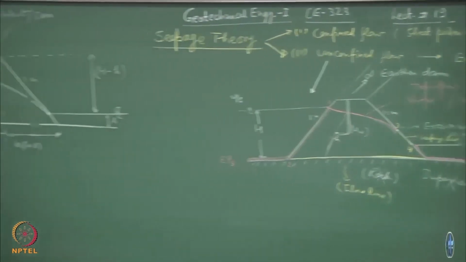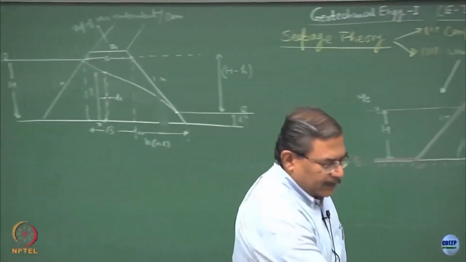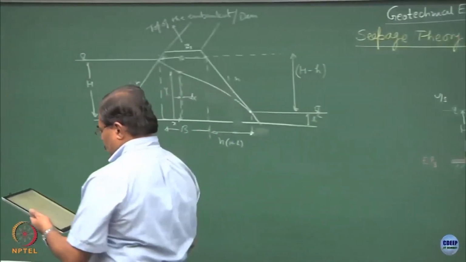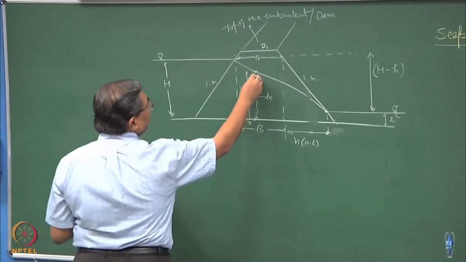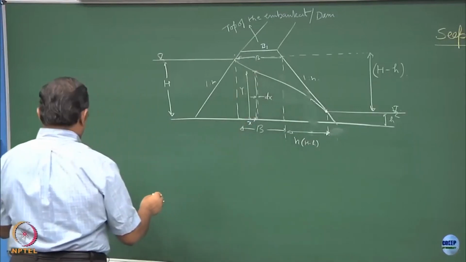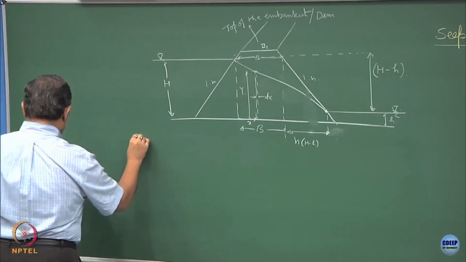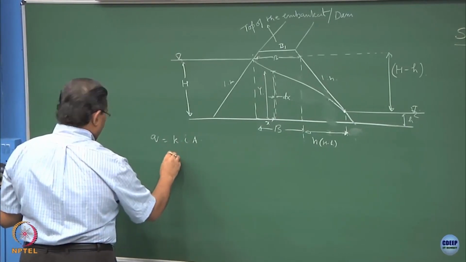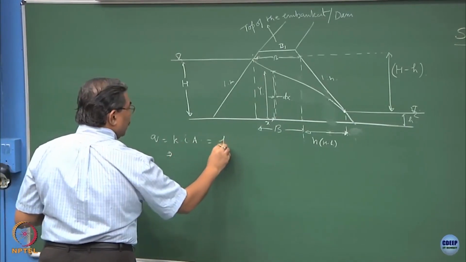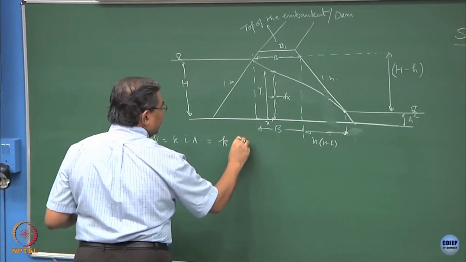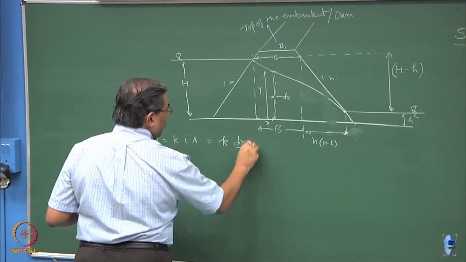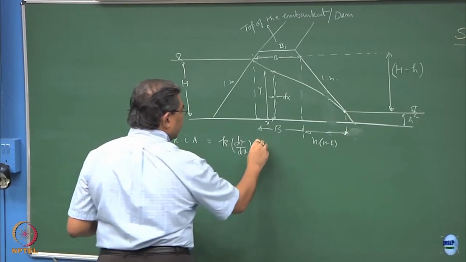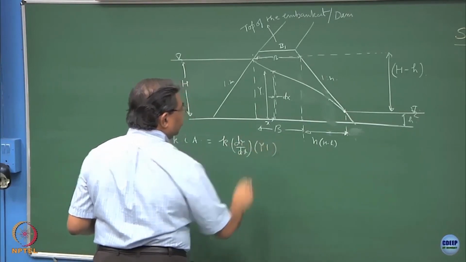Now, if you solve this expression, I will write quickly the steps. If you consider this element over here, I can write Q equal to K into I into A, and this will be equal to k into dy by dx into area of cross section, which will be y into 1.